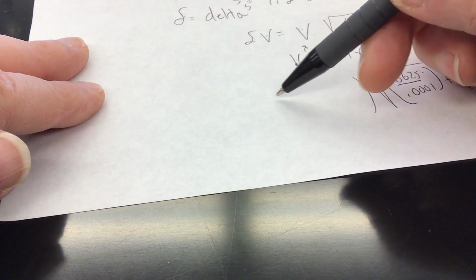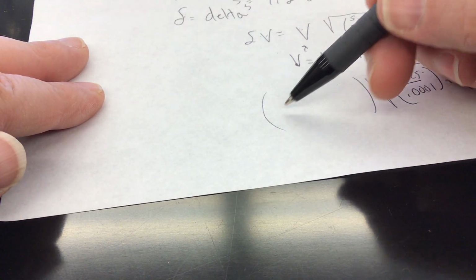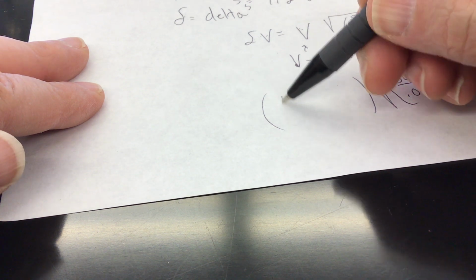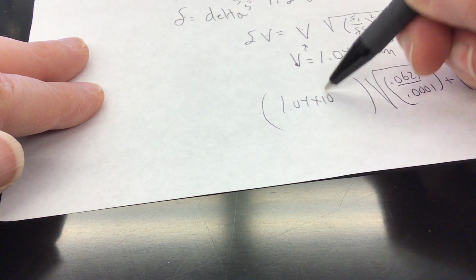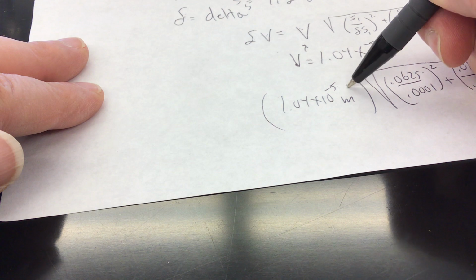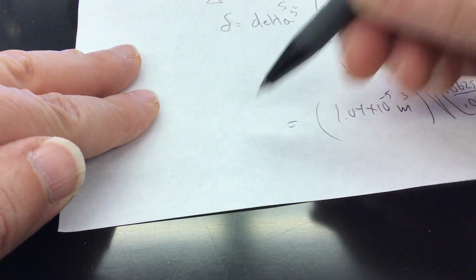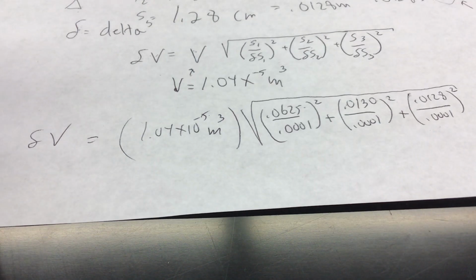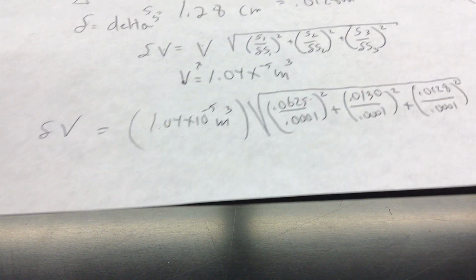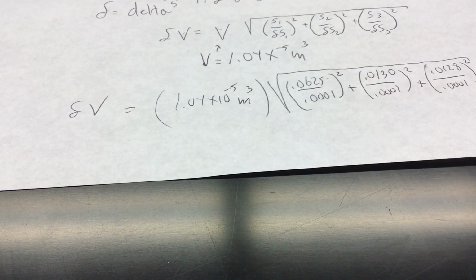It's not so bad. Then you just multiply that by the volume, 1.04 times 10 to the minus fifth meters cubed. That's the uncertainty in the volume. So do that all out, and you will get your uncertainty in the volume.